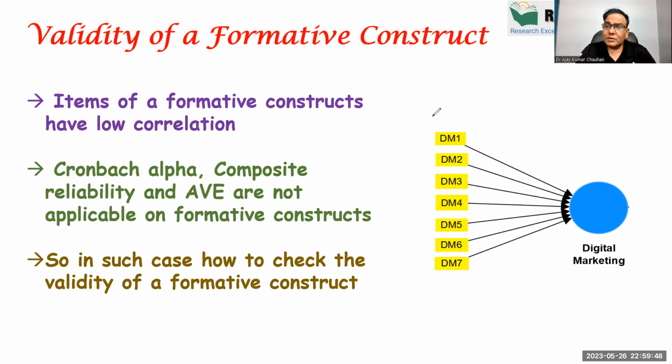In reflective construct, the correlations are higher. So all these criteria should be there. But in case of formative construct, since the items have low correlation, Cronbach alpha cannot be more than 0.7. Composite reliability cannot be greater than 0.7. AVE cannot be greater than 0.5.